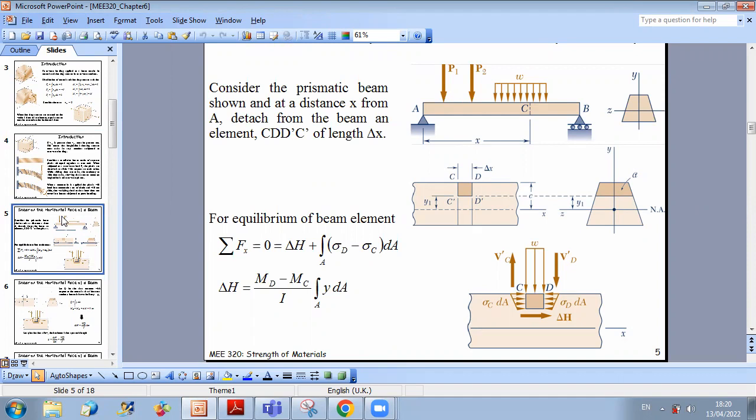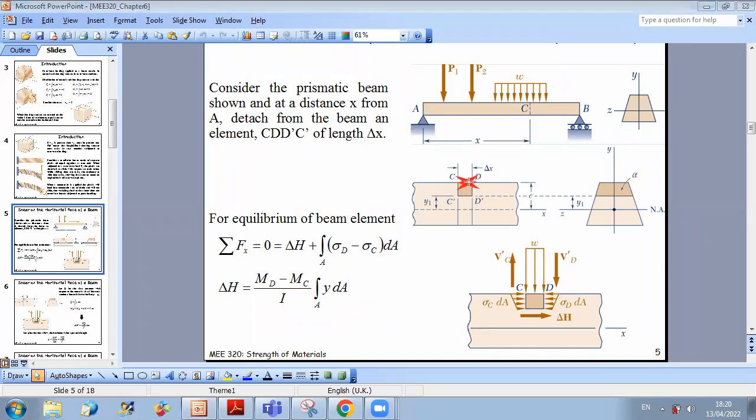And now we want to do the analysis on a certain part of the beam. So if I consider a part of the beam and take a very small element, I will analyze element CDD'C', which is of length delta X. And I want to see what is happening over this element.